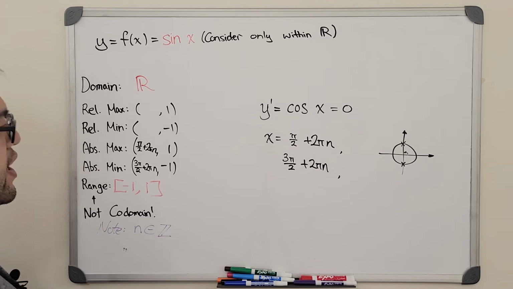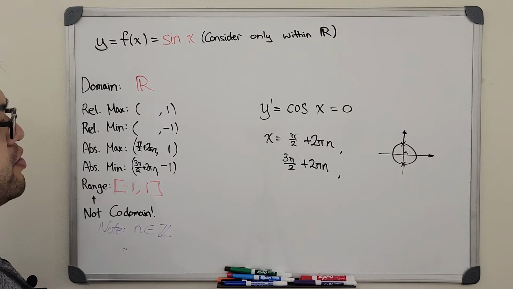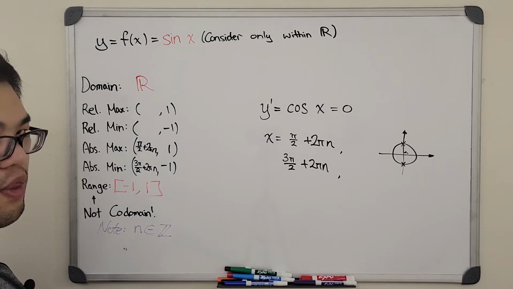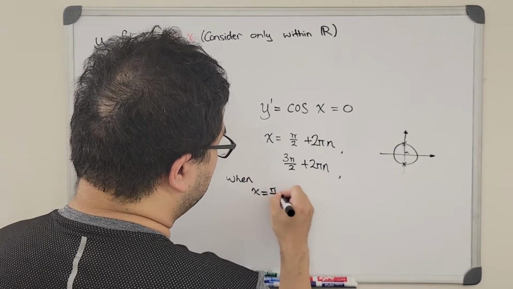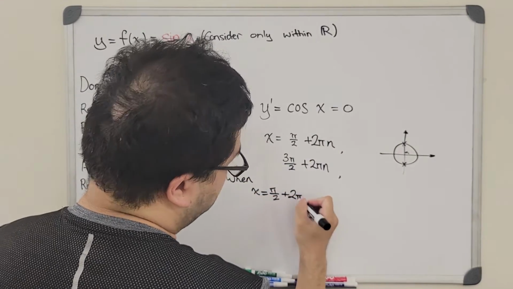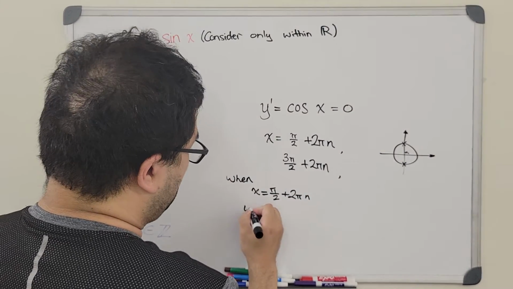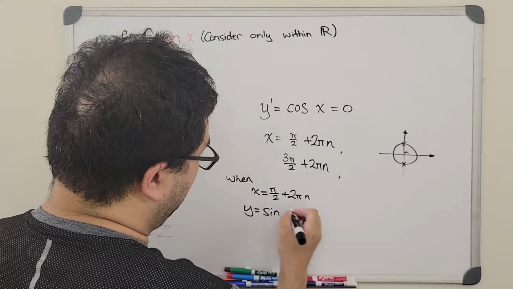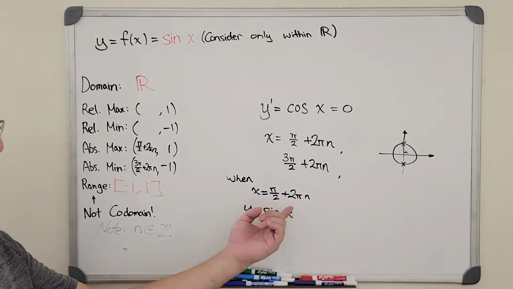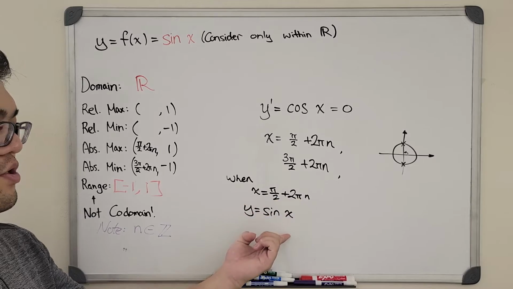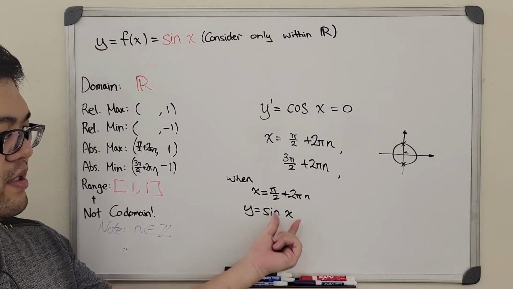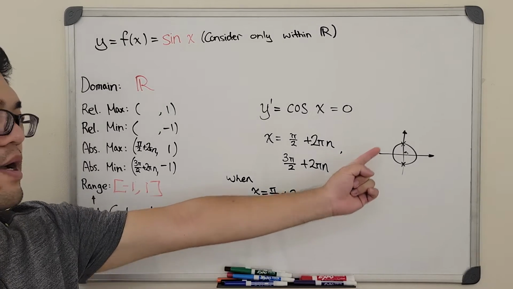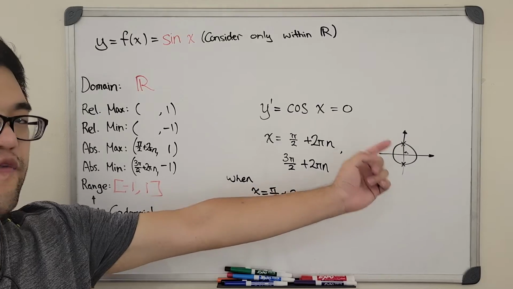Then again, we need to check the cases so that we know which one is going to give us what y value. When x is equal to pi over 2 plus 2 pi n, the y value is sine of x, which is the same as, again, this 2 pi n is not going to contribute anything inside the sine function, because that's just telling us that those are multiple copies of the same point.